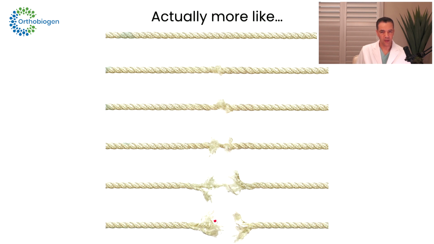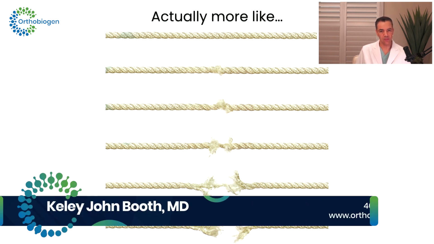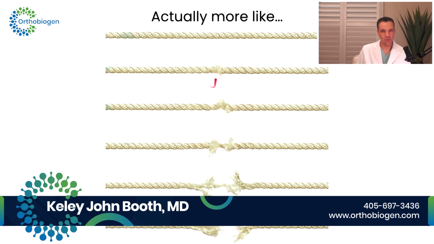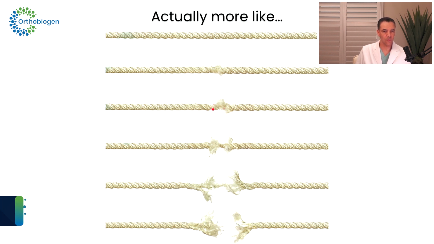But when you have this fraying and tearing, it does typically progress over time. If we can catch it back here, we have a much better chance of healing that with a conservative methodology.